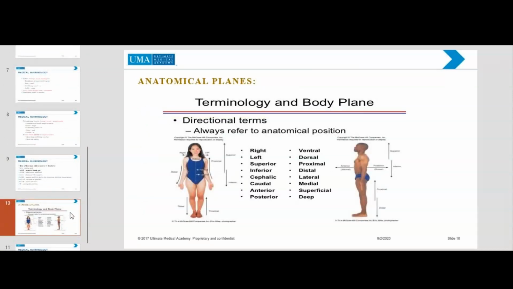Now I want to talk about anatomical planes. Another part of being a good healthcare professional is to have a good understanding of anatomical positions and planes. Anatomical terms are made up of root words, prefixes, and suffixes. The root of the term often refers to an organ, tissue, or condition, whereas the prefix or suffix describes the root.